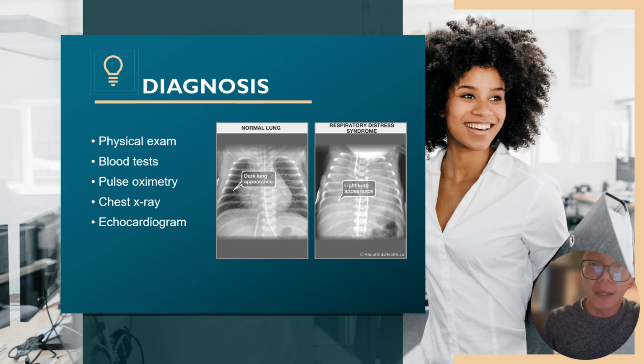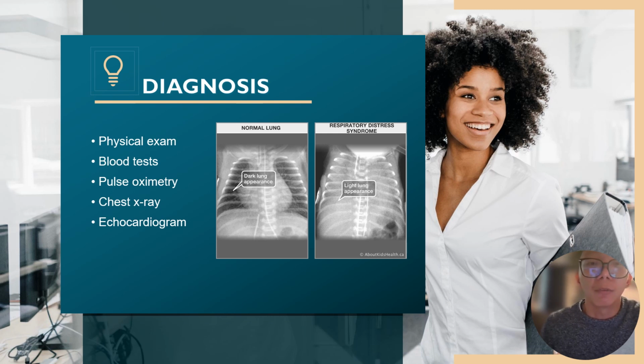So how is NRDS diagnosed? There are usually a number of tests that can be used to diagnose and rule out other possible causes of NRDS. These may include a physical examination of the newborn infant. Sometimes a blood test may be necessary to measure the amount of oxygen in the baby's blood and also to check for any kind of infection.